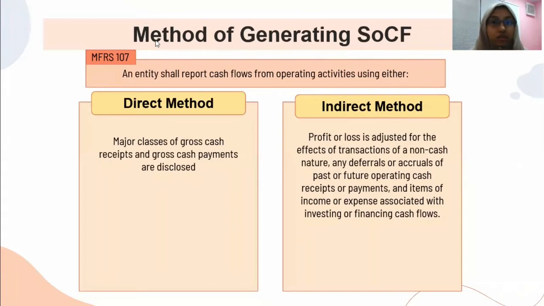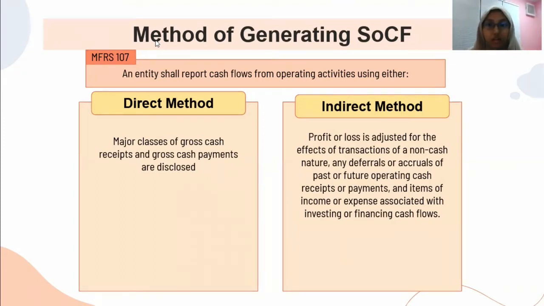There are two methods of generating the statement of cash flow. According to MFRS 107, an entity shall report cash flow from operating activities using either the direct method or the indirect method.